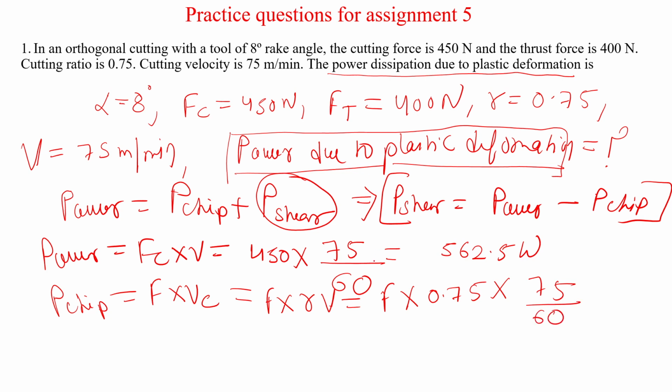This means we need to find the friction force now, right? So how to find the friction force? We know this formula: friction force is Fc sine alpha plus Ft cos alpha, right? We have Fc, we have Ft, we have alpha.